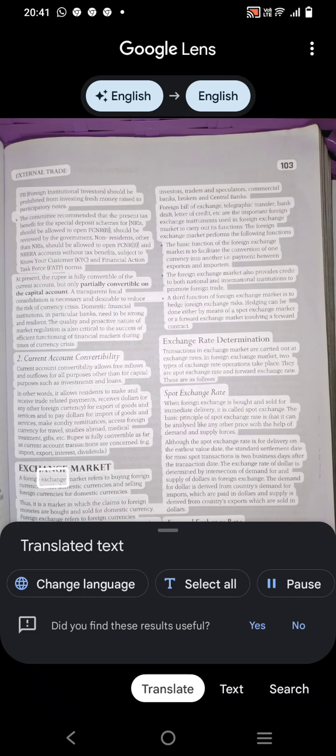Exchange market. A foreign exchange market refers to buying foreign currencies with domestic currencies and selling foreign currencies for domestic currencies. Thus, it is a market in which claims to foreign currencies are bought and sold for domestic currency. Foreign exchange refers to foreign currencies possessed by a country for making payments to other countries.